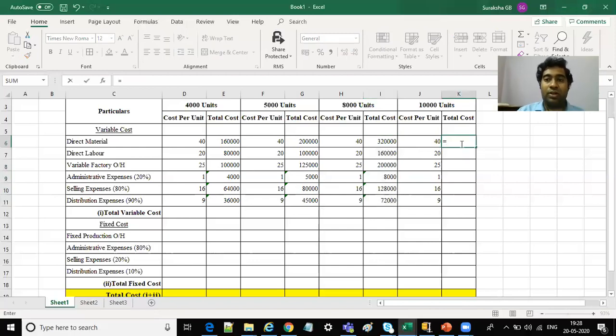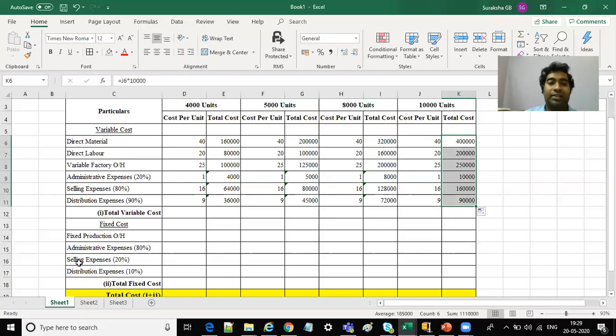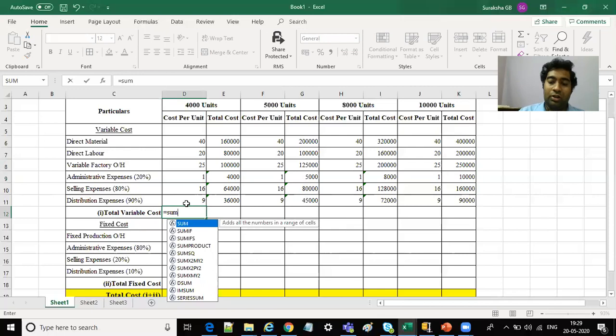And for the last one, that is for the 10,000 units, it is cost per unit into 10,000. Now, after calculating this much, we need to calculate the total variable cost. It means, in simple words, you need to find the total of all the columns.